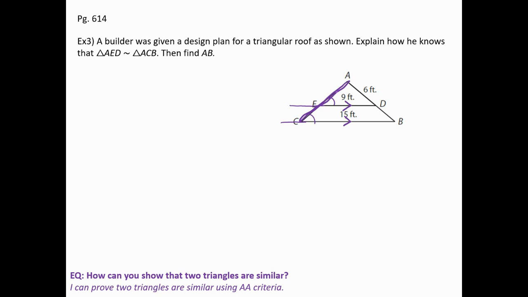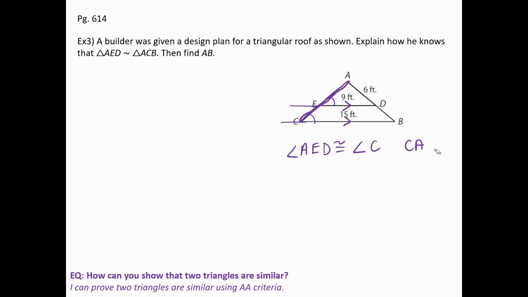The reason would be, so I would say angle C is congruent. Actually, I can't say angle C, I apologize. I can say angle C, it's angle E that I can't say because it's not specific enough. So angle AED is congruent to angle C because they are corresponding angles.